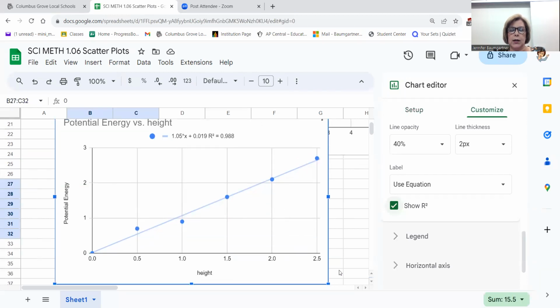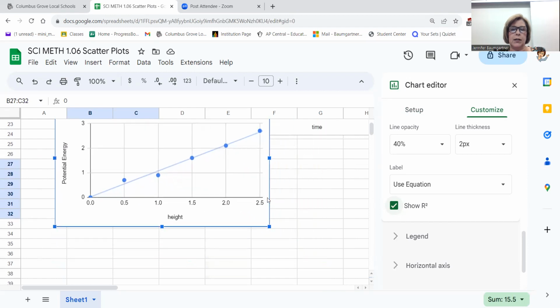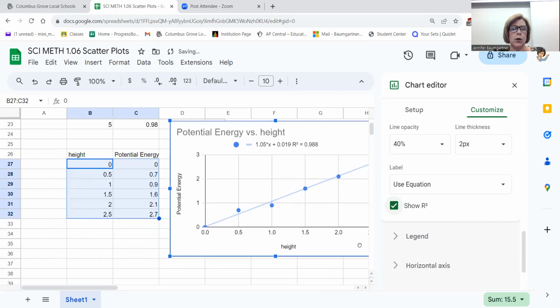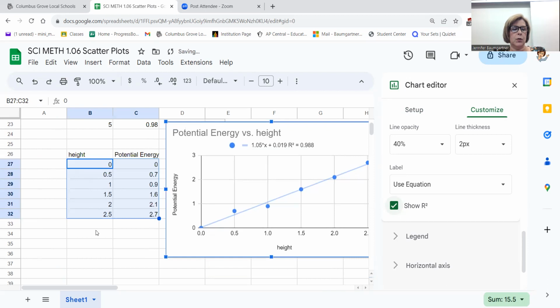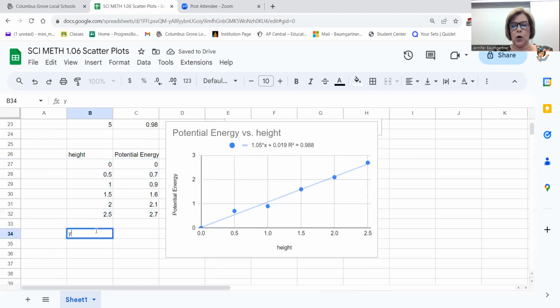And I can use that then to find, again, this is another physics equation. So I know that potential energy, so we have y equals mx, that's the slope of my line, assuming our y-intercept is 0. Well, I know that potential energy is equal to weight times height.